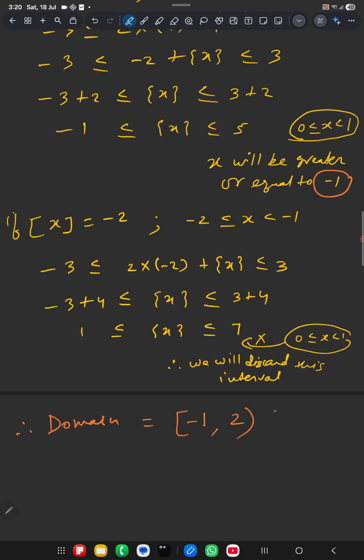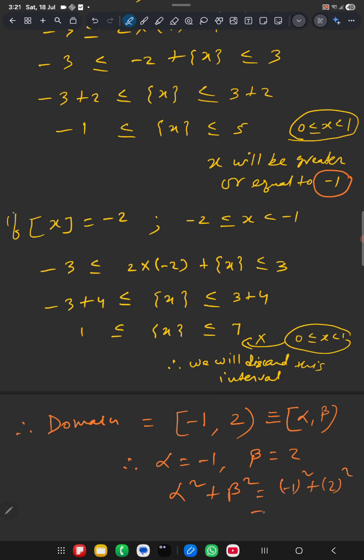This was given in your question as alpha and beta. Therefore alpha is minus 1 and beta is 2. You have to find alpha square plus beta square. So minus 1 square plus 2 square, that is 5. This is the value. Thank you.